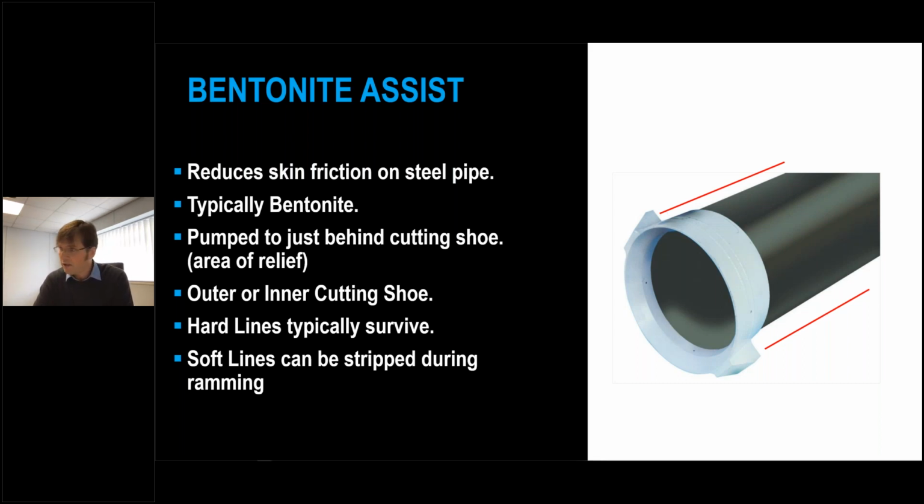However, you've got to consider how to get the bentonite to the front of your cutting shoe, and it is very easily achieved by simply tack welding sacrificial bentonite pipes, steel pipes, to the outside of the product pipe.